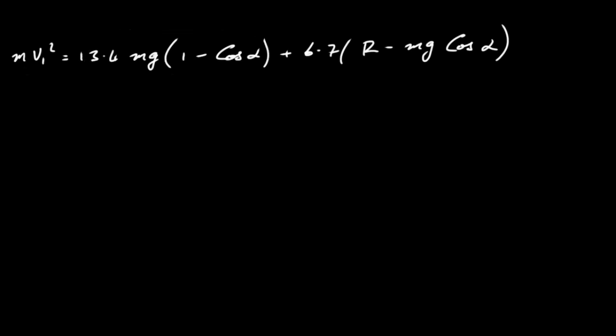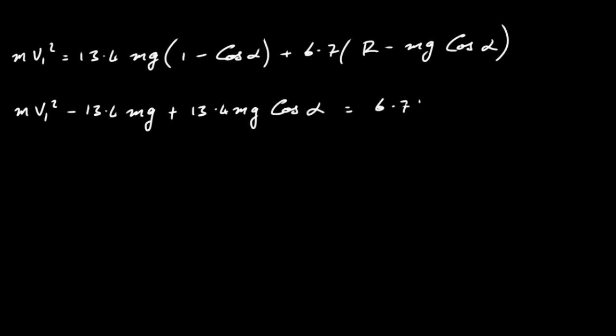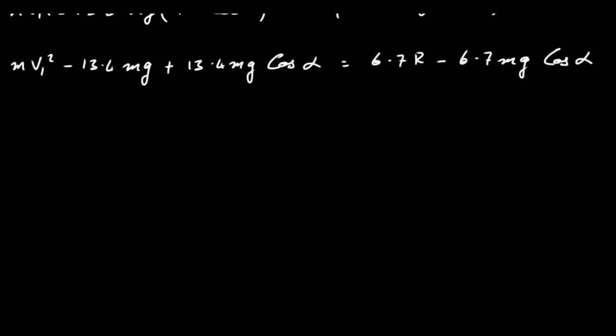So that will give me mv1 squared minus 13.4 mg plus 13.4 mg cos alpha, and that's equal to 6.7 or minus 6.7 mg cos alpha. Okay, next line. So I'm just going to get the or on its own.